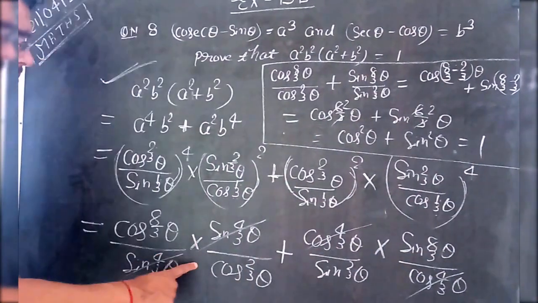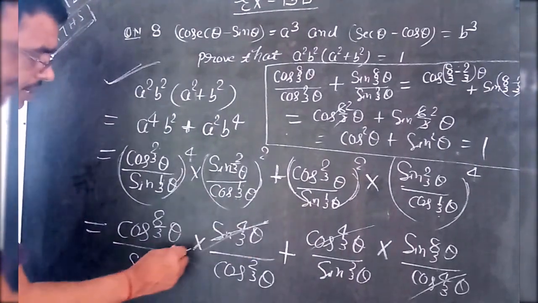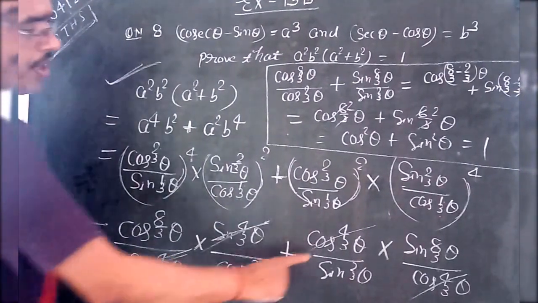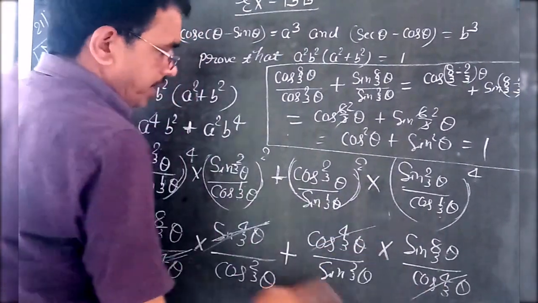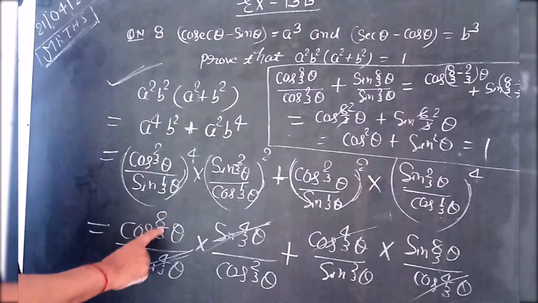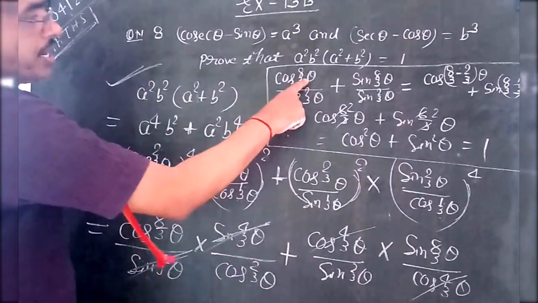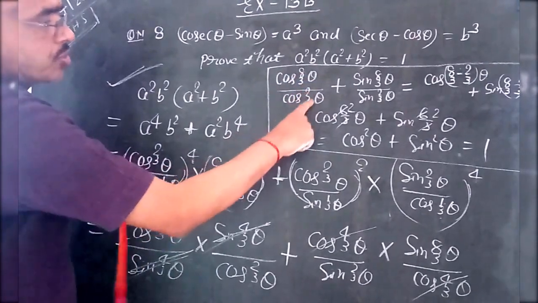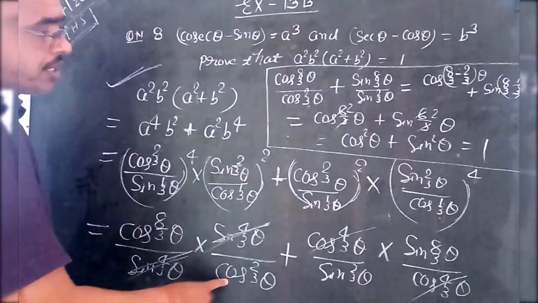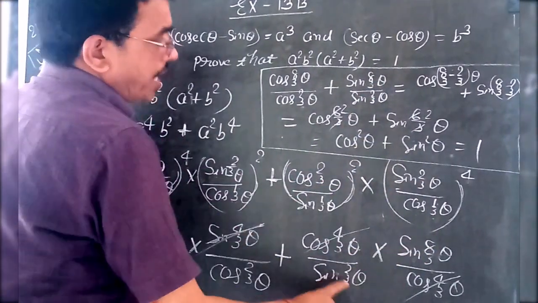Here sin is multiplied, so cos 4 by 3 and sin 4 by 3 theta; sin 4 by 3 cancels, and here cos 4 by 3 theta and cos 4 by 3 theta cancel. And what do you have remaining? You have remaining cos 8 by 3 theta by cos 2 by 3 theta. I write here cos 8 by 3 theta by cos 2 by 3 theta, plus sin 8 by 3 by sin 2 by 3.